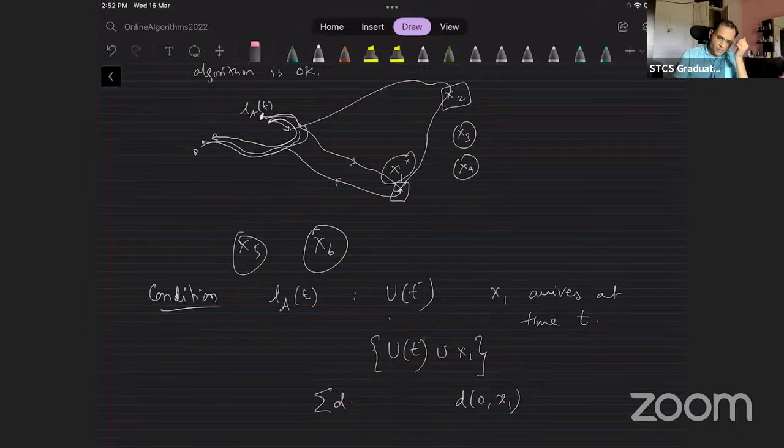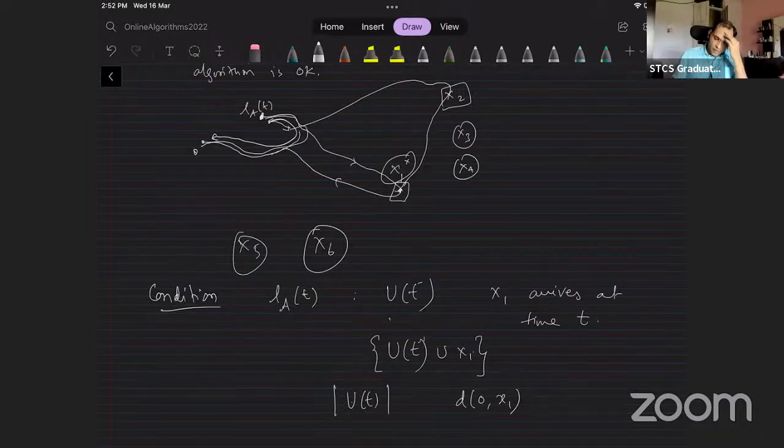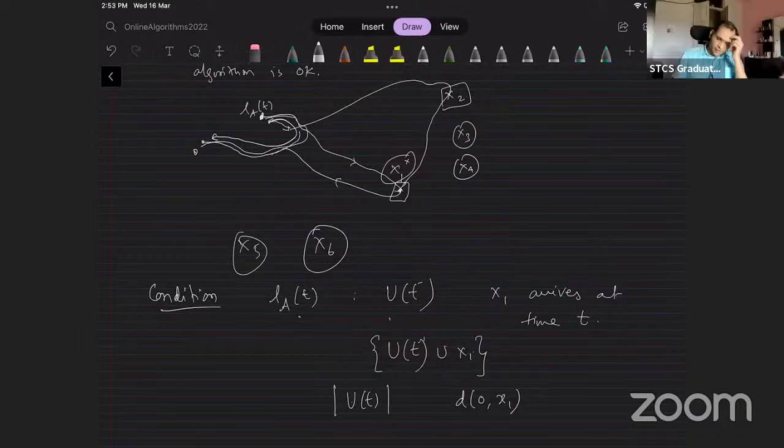Let's say I define mod u of t as the path, that is, the sum of distances between consecutive points of u of t. Okay, so we have the minimum of this, but you have to include lat also in this, because I am currently at lat. The set of unfulfilled points is u of t.